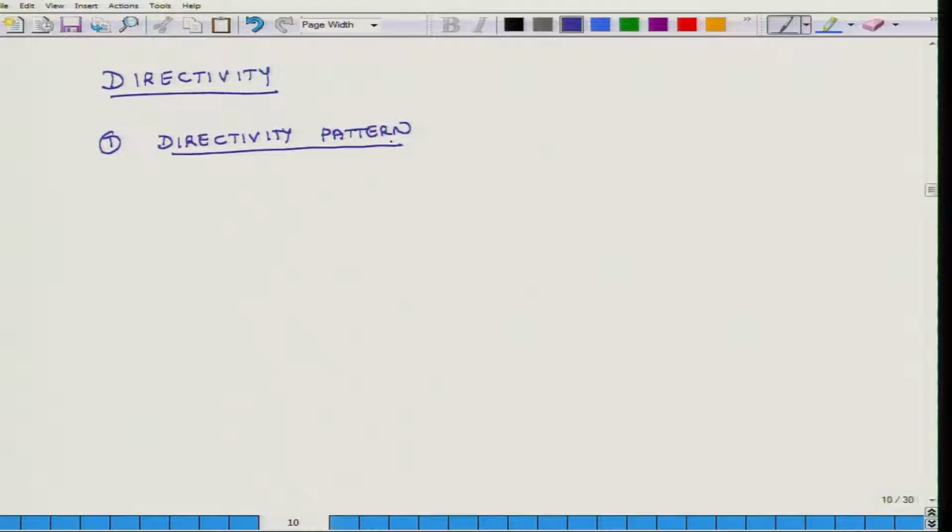So, what is a directivity pattern? First we will define it and then we will actually show you what it is.